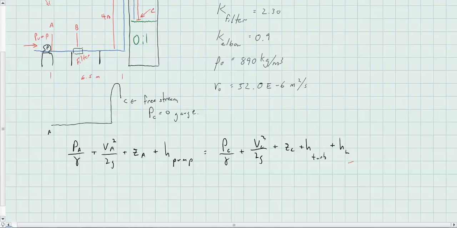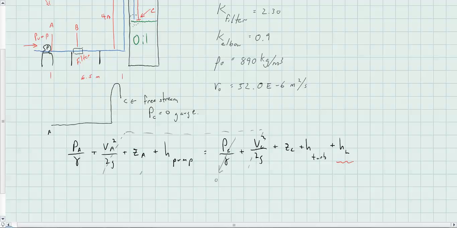So where do we go from here? Right away, we're going to try to simplify. PC will go away. As we said, it's in a free jet. Because it's just outside the tube, its diameter is equivalent to the diameter of flow at point A. So therefore, we can assume that VC and VA cancel.